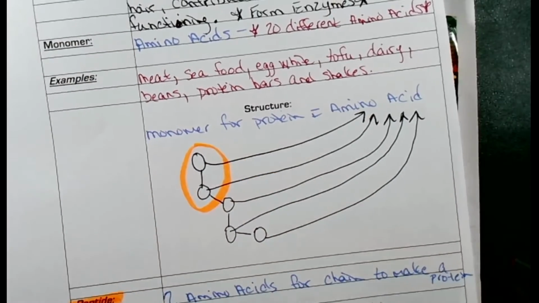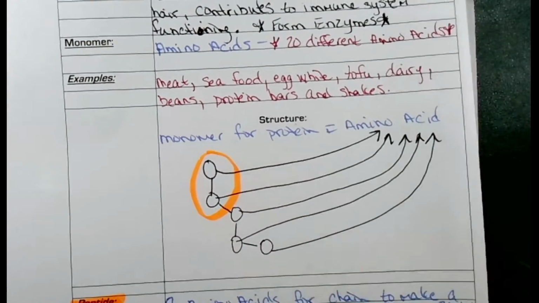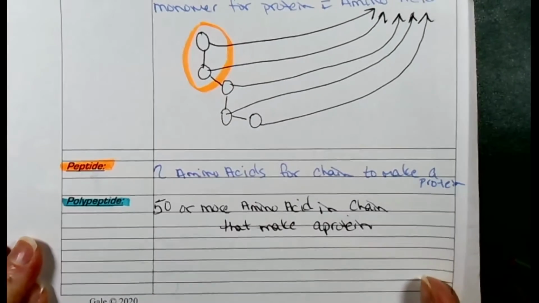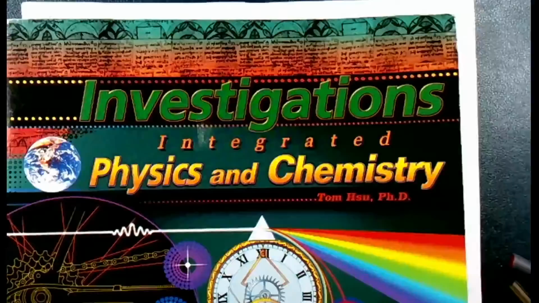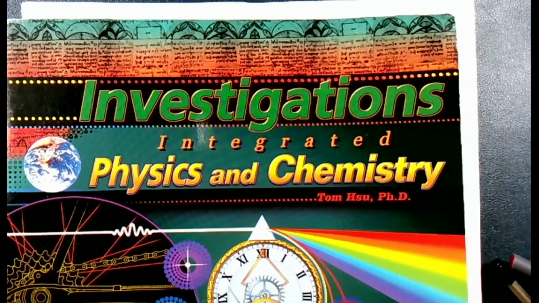So now we're moving on from proteins to my favorite thing of all in biology and chemistry. Our fourth one is nucleic acids.